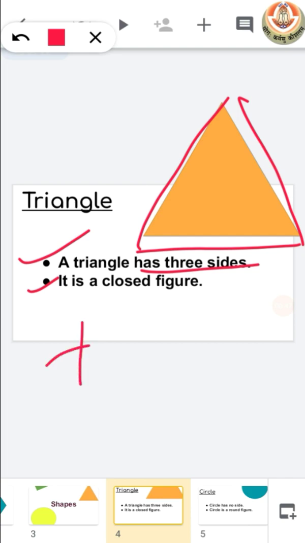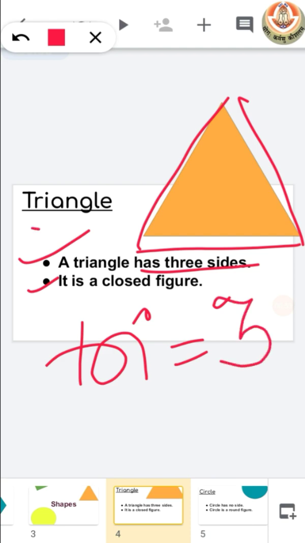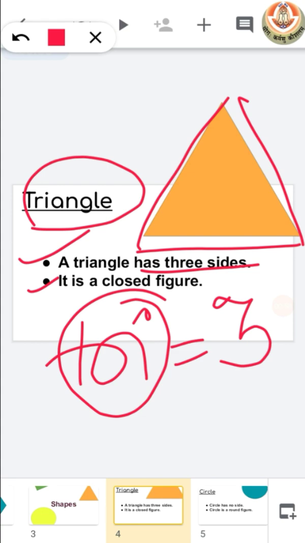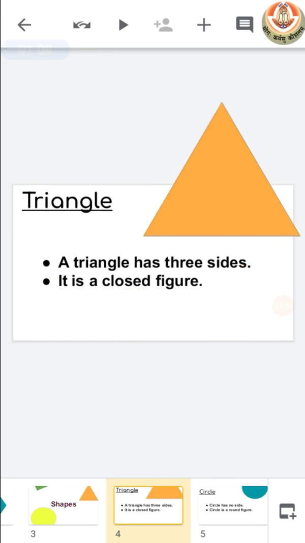As we know that tri means 3, so its name is triangle, in which we have 3 sides and 3 angles. So what you have to learn is that a triangle has 3 sides.